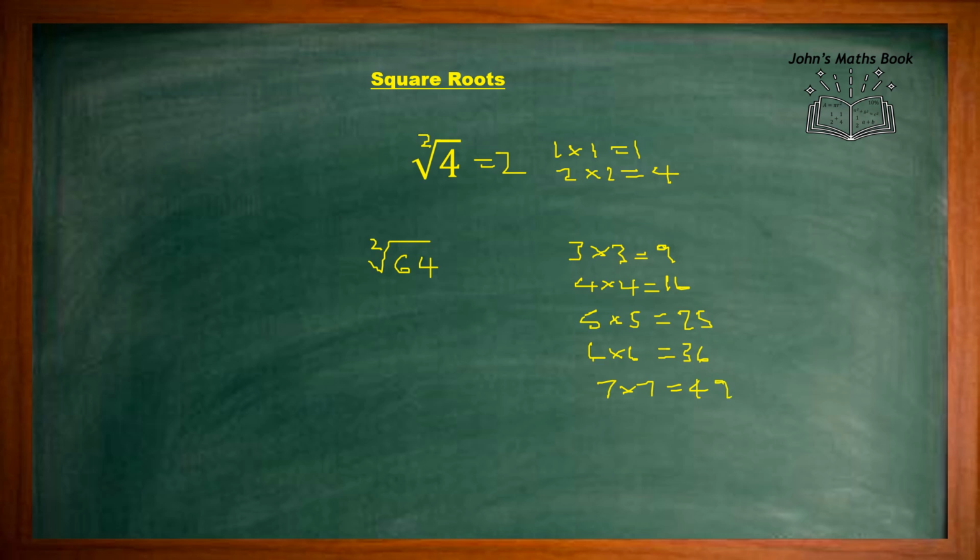And 8 eighths are 64. So that means that the square root of 64 is equal to 8.